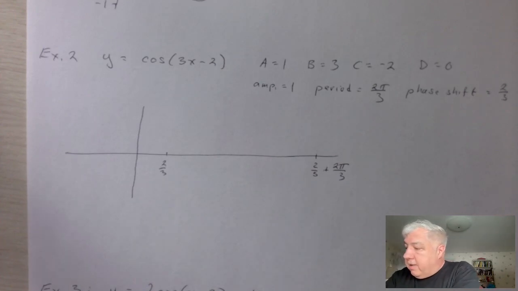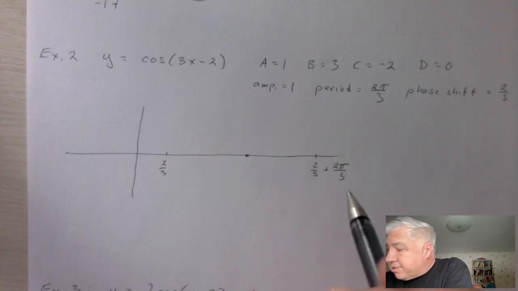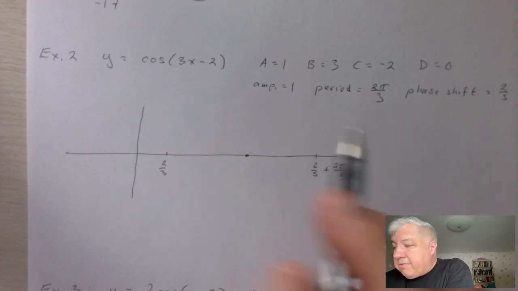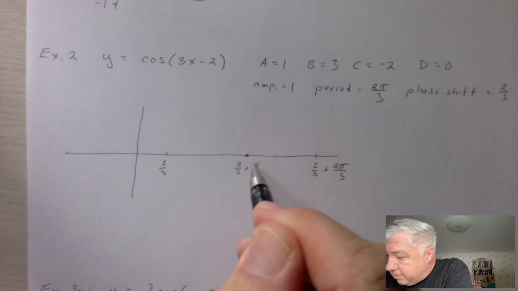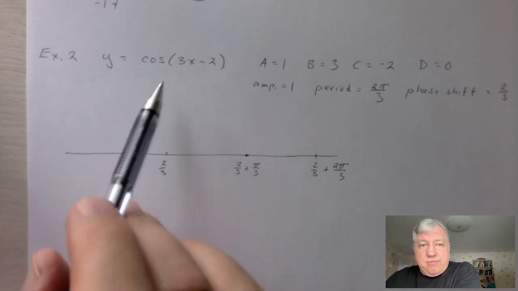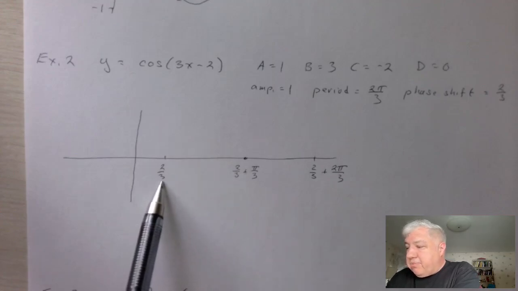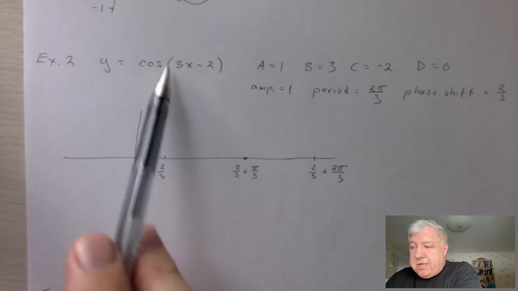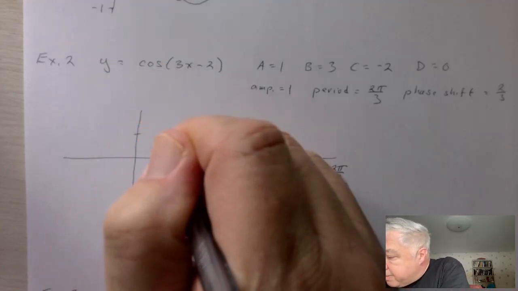Now, again, you can plot this middle point if you want. This would be 2/3 plus half of 2 pi over 3, which would be pi over 3. All right, and then the thing to remember is that this is a cosine function, so you want to start at the top. If you just plug 2/3 in here, you can see this is just the cosine of 0, which is 1. So that will be up here.